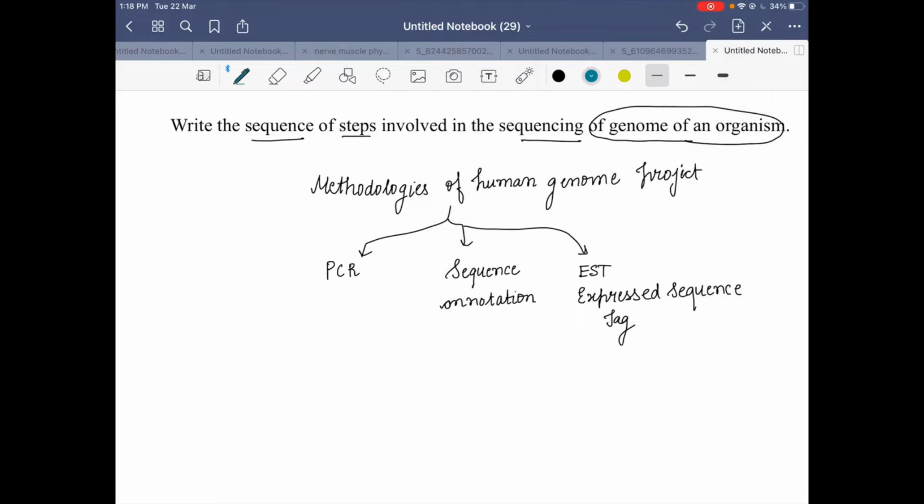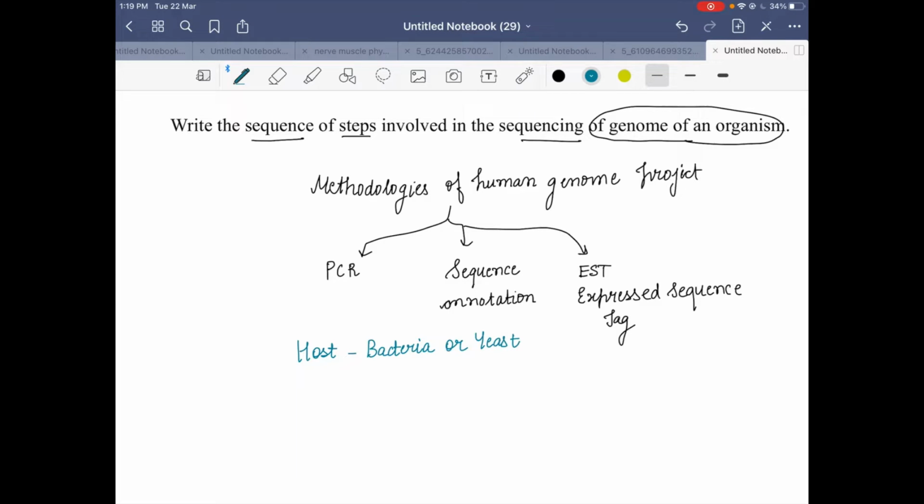Now before studying about the sequencing of an organism, first we have to see what is the host and the vector. So host is usually bacteria or yeast like Saccharomyces or bacteria.